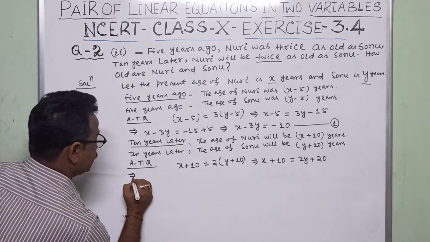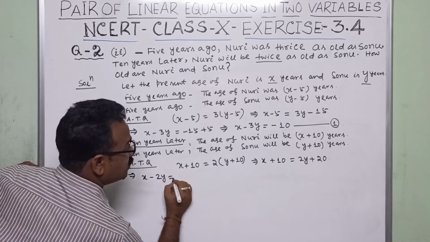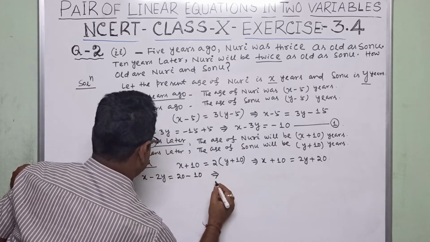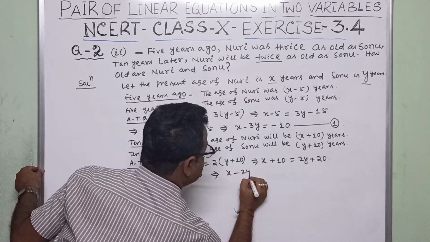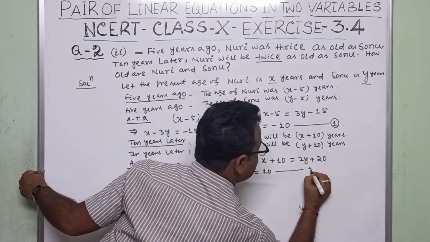That implies x minus 2y is equal to 20 minus 10, so x minus 2y is equal to 10. This is your equation 2.